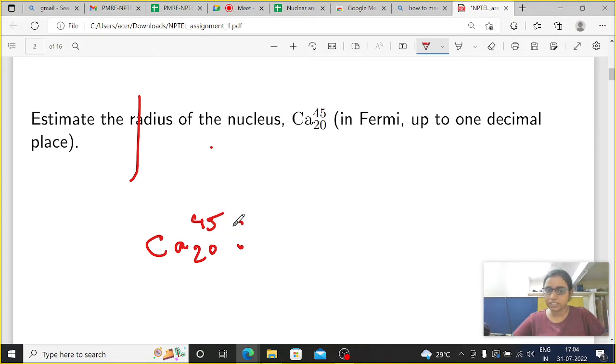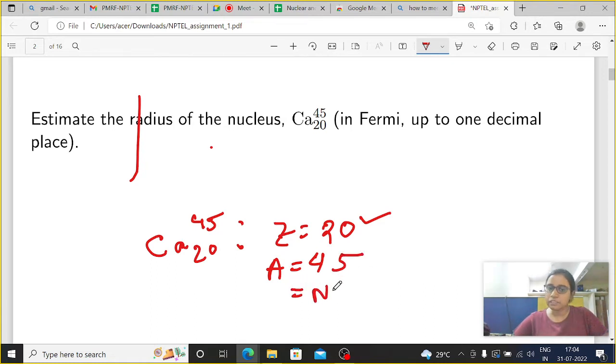It means that we have Z equals 20. Z means the number of protons is 20, and the number of electrons is also 20, and A is 45. A means mass number, which is nothing but neutron plus proton. So what will be the value of neutron? The neutron value will be 25, that means 45 minus 20.